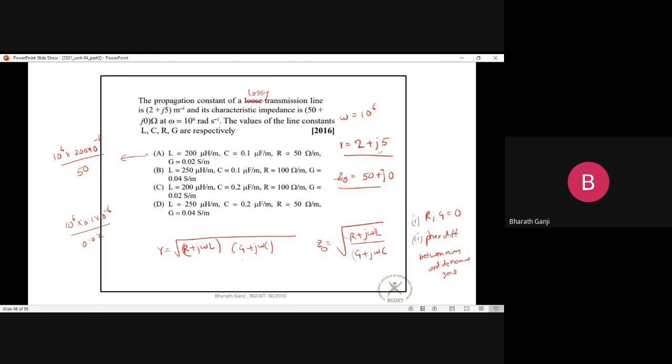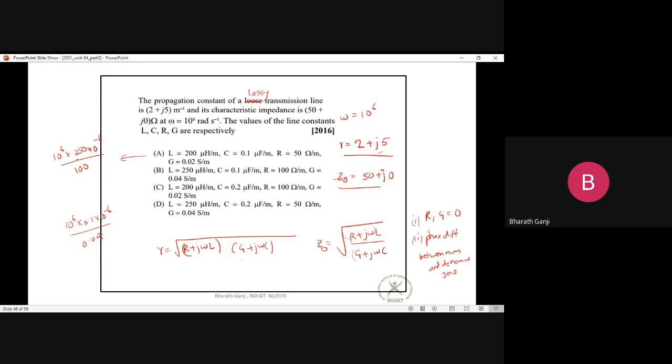So you can check with option B now. In option B, this time 250 comes on top, and R is given as 100, and C is the same 0.1 microfarad, but G is 0.04. I can see a 1 by 4 is coming because there is a 250 and 100, or 25 and 100, so probably there is a 1 by 4 coming here.